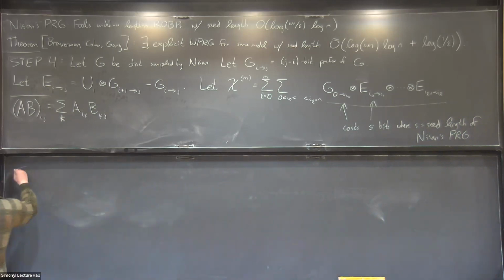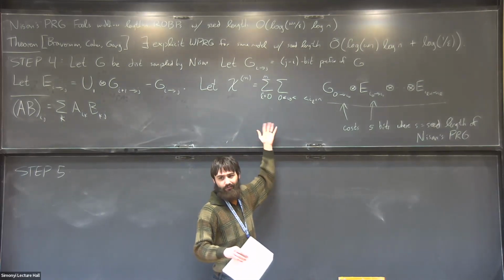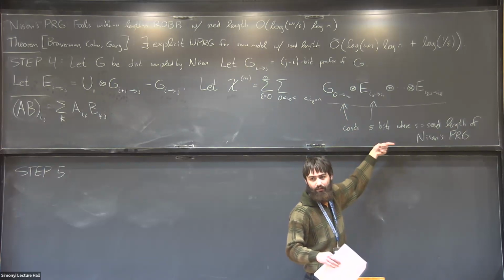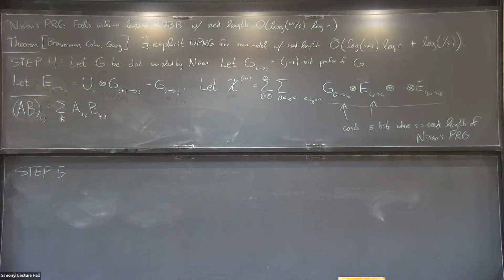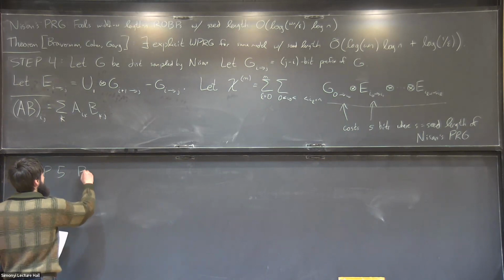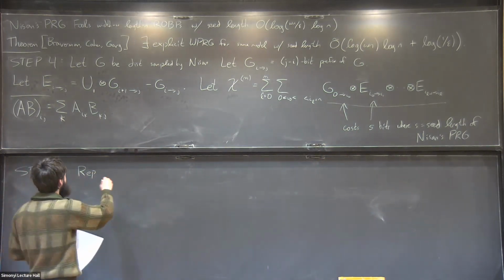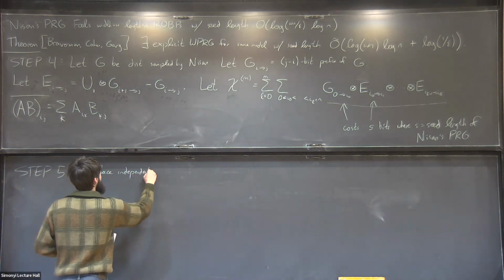Okay, so step 5 is that we decrease the seed length further. Right now, even ignoring the sum, which is something we have to pay for in terms of seed length too, this seed length is S times M. But instead we wanted some kind of S plus something smaller. So step 5 is that we approximately sample from something that looks like this distribution, but we replace independent seeds.